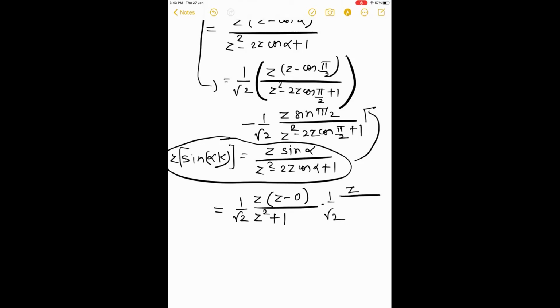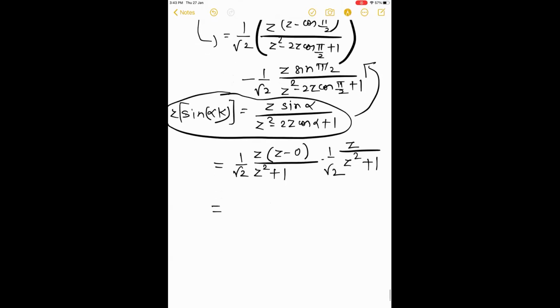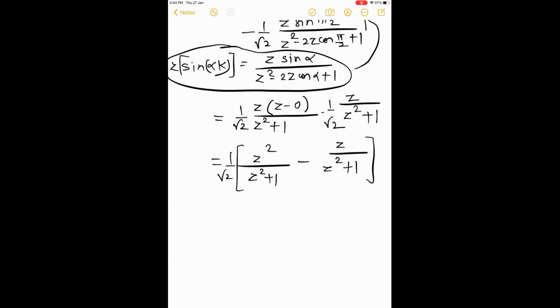So this is Z upon Z square plus 1. So the final answer will be 1 by root 2, and you can keep it as a total common: Z square upon Z square plus 1 minus Z upon Z square plus 1. If you want, you can take the common LCM Z square plus 1 and make the expression here.